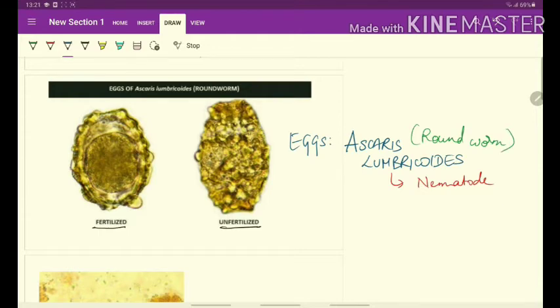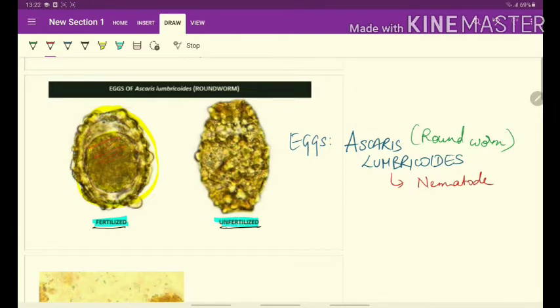So the Ascaris produces two types of eggs, fertilized eggs and unfertilized eggs. The fertilized eggs are round in shape. These are the fertilized eggs which are round in shape and it has an embryo inside.